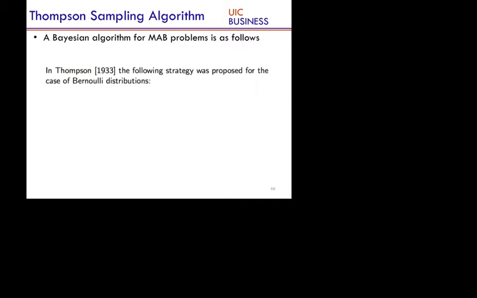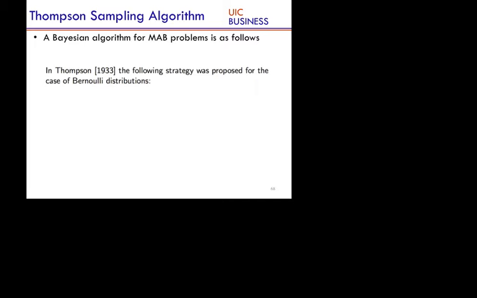The old algorithm was proposed for the Bernoulli distribution. Each arm was associated with a Bernoulli random variable, a Bernoulli reward. Let's say there were 2 arms.